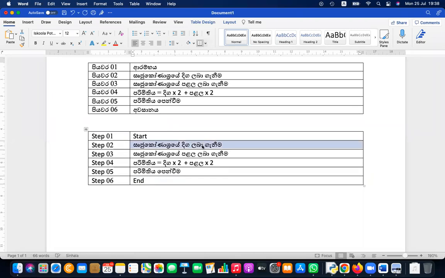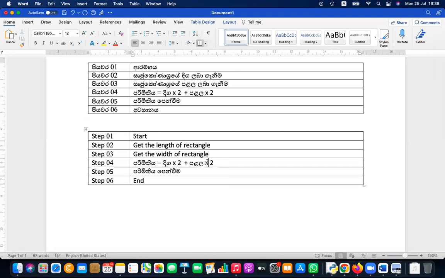Then you have to say, get the length of rectangle, then get the width of rectangle.